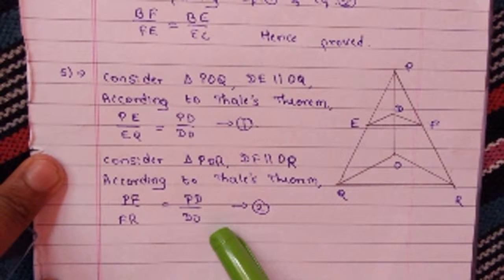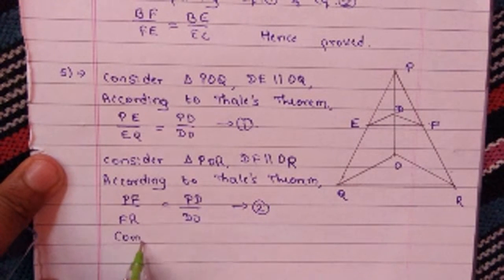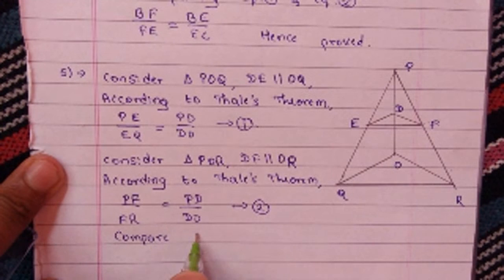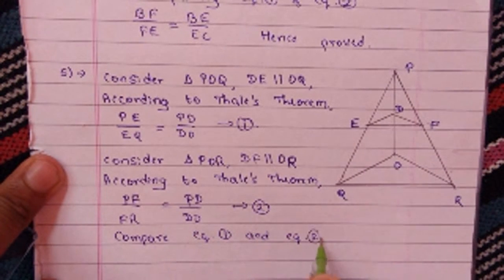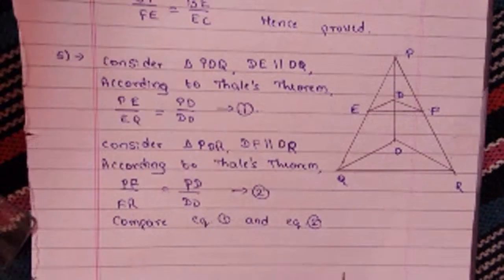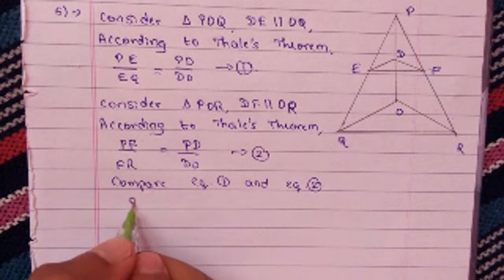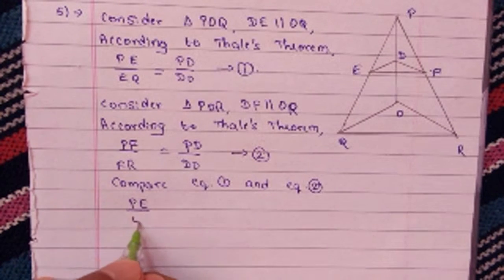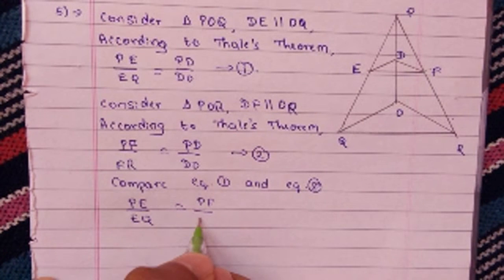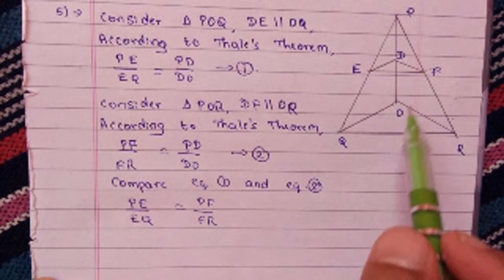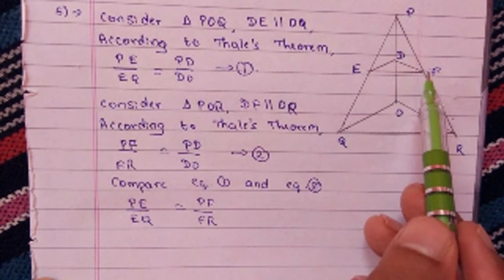When we compare equation 1 and equation 2, both right hand sides are same, so it becomes PE divided by EQ is equal to PF divided by FR.